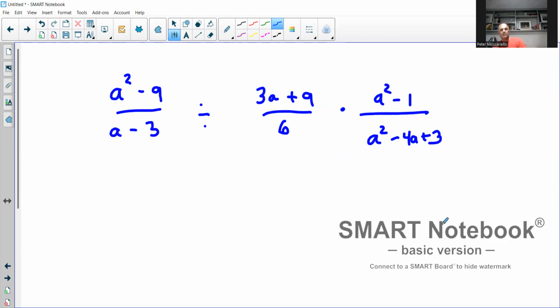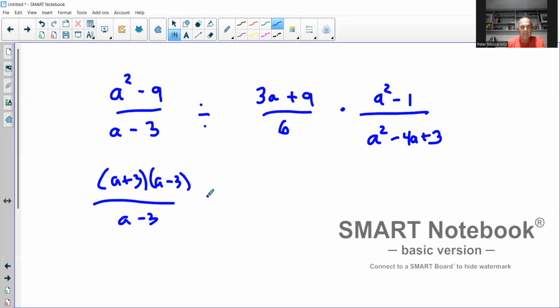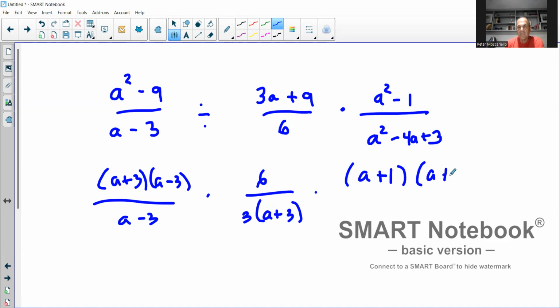All right, let's see what happens here. All right, so A plus 3, A minus 3. Flip this one, can factor out a 3, A plus 3. And difference of squares on top. Nope, mistake. That should be a minus.